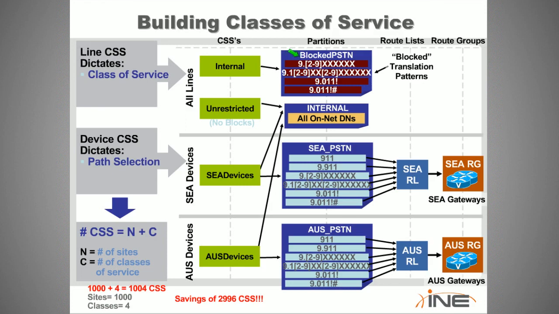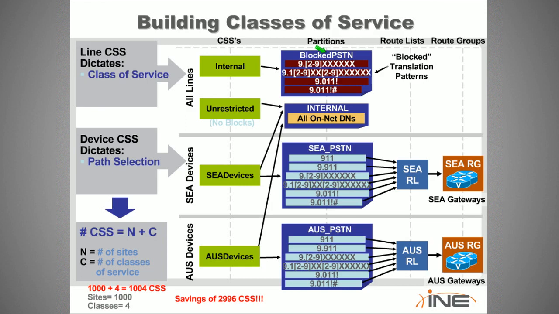There wouldn't just be a partition called blocked PSTN. Actually, sorry. First of all, we'd have blocked international as a partition, blocked long distance as a partition, blocked local as a partition, and blocked. Really, that would be it, because ultimately you can't block emergency calls or internal, or else you don't really have a phone system. You have a paperweight.